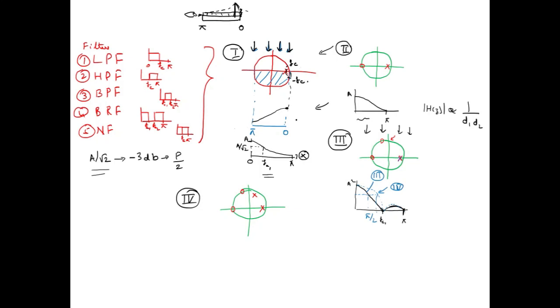So over here we are having the maximum value, and as we move towards the pi, there will be a decrease in the amplitude response. Okay. However, if you look into the distance component over here, this is finite. Hence, modulus of H of z will also be a finite value.